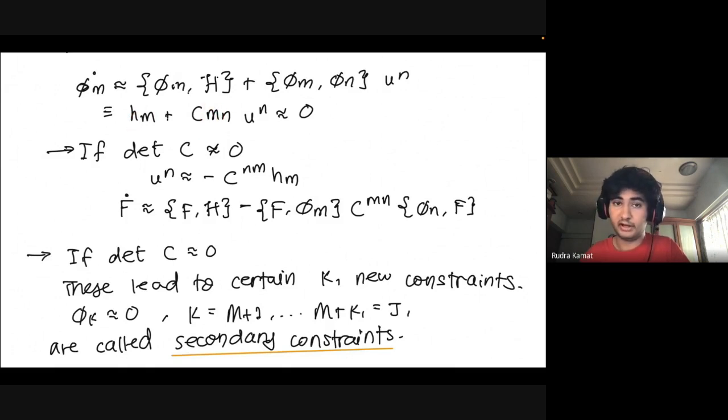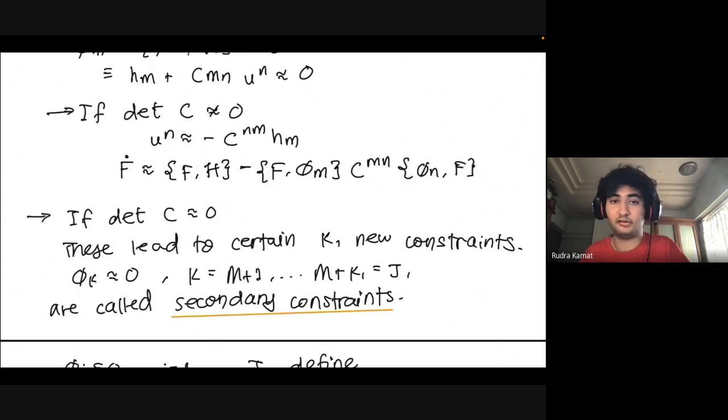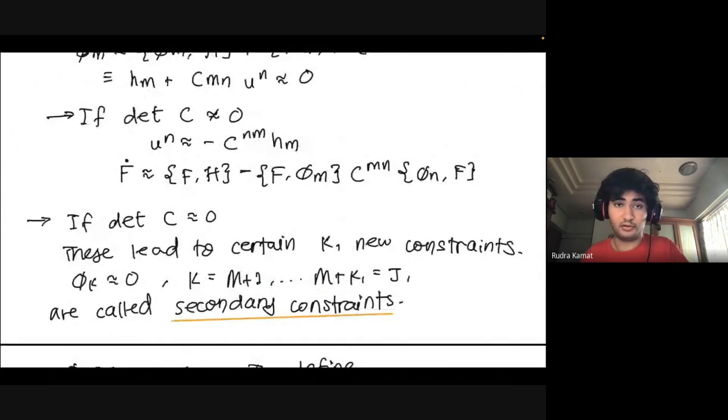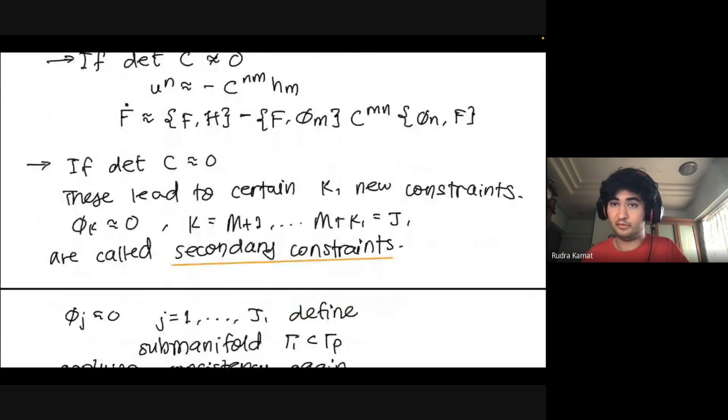But again, it's the matrix we care about if we care about uniqueness of the solution. If the determinant is non-zero, which means that c_mn is invertible, then we can directly solve for u_n, and this is what the time evolution looks like. That's the end of the story.